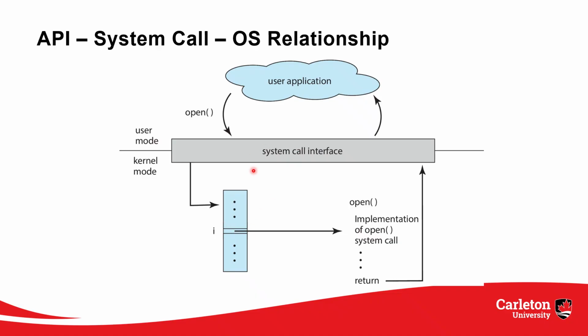So our system call interface, or interrupt handler, will look up in this table and call the appropriate function. So that points to the start of open, and this is the implementation of the open system call. And we can execute this, and when we return, we return to the system call interface, which then decides if we need to make a scheduling decision, and if not, we'll restore the application that called us.